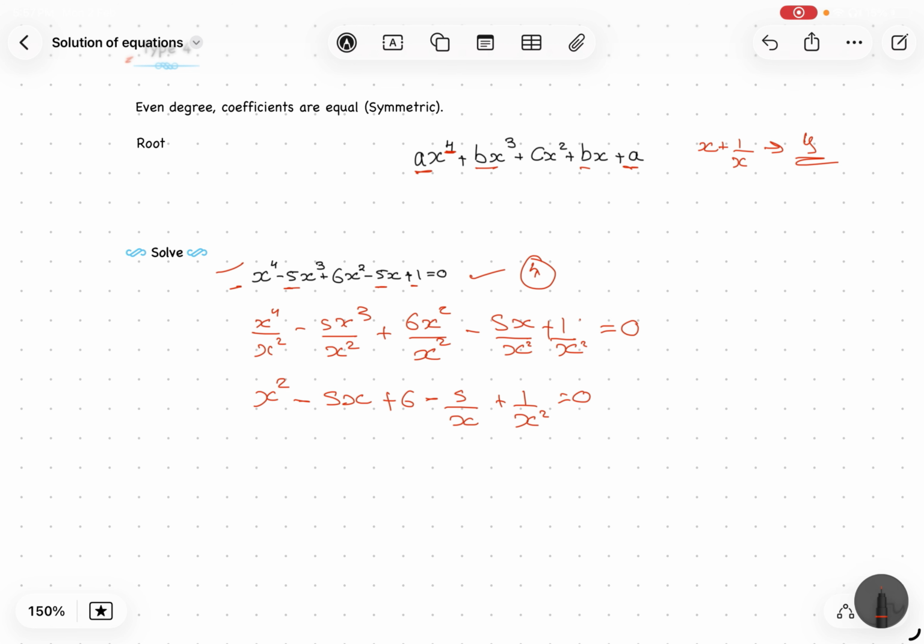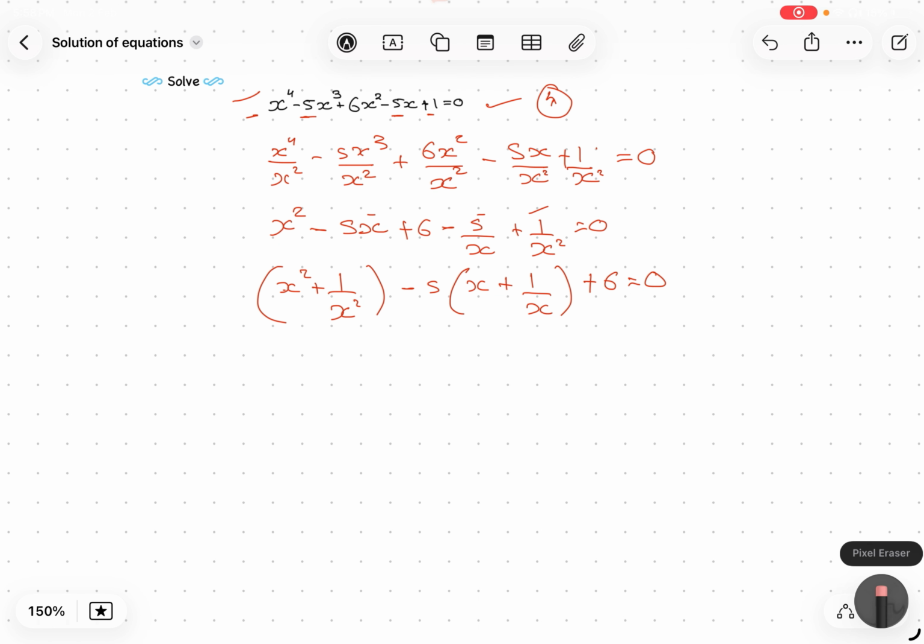Now let me do some rearrangements. That is x square plus 1 by x square, I can take out 5 as common and it will be x plus 1 by x plus 6 equals to 0. After this, as we know this is type 4, so I need to replace x plus 1 by x as y.